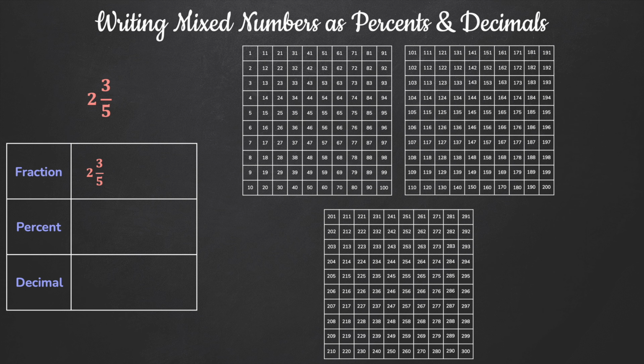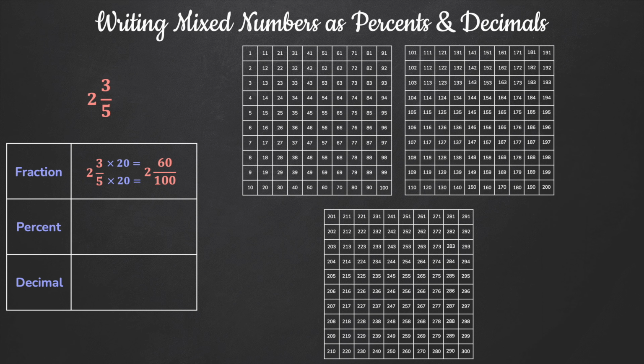And we can multiply 5 by 20 to get 100. However, whatever we do to the denominator, we have to do to the numerator as well. So we multiply both the numerator and the denominator by 20. The whole number stays the same, but 3 times 20 is 60 and 5 times 20 is 100. So we have 2 and 60 over 100.